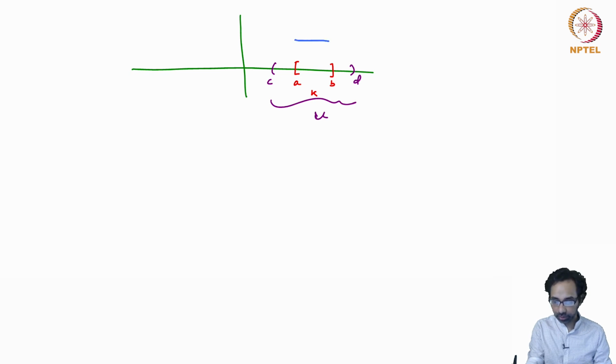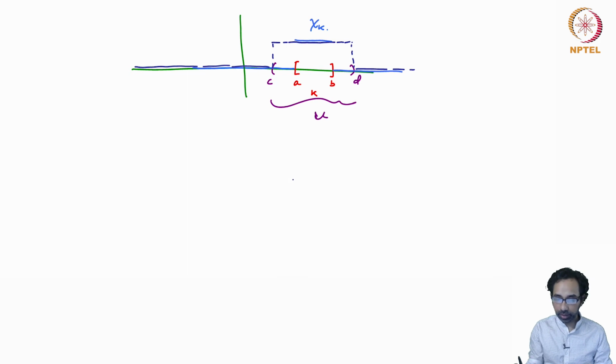So one is the indicator function for K, so this is chi_K, which is 0 outside K, and the other one is the indicator function for U, which is 1 over a larger interval and 0 outside, right?